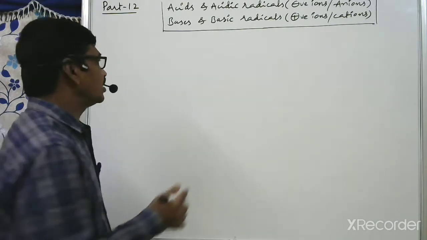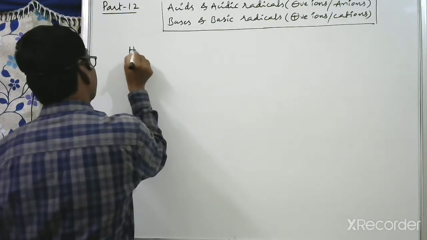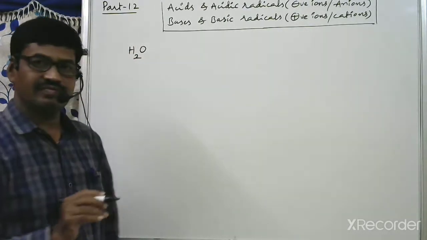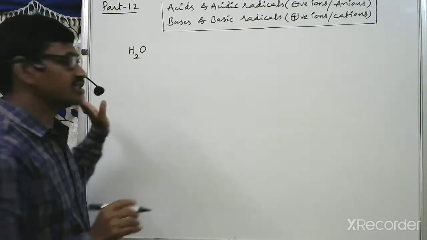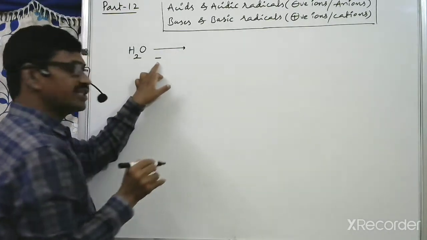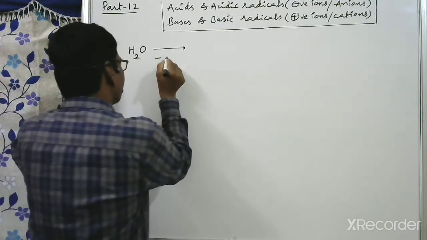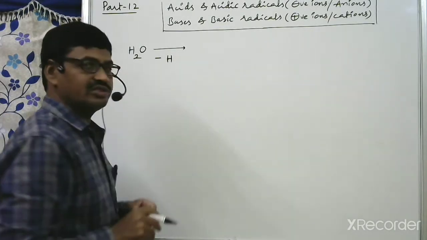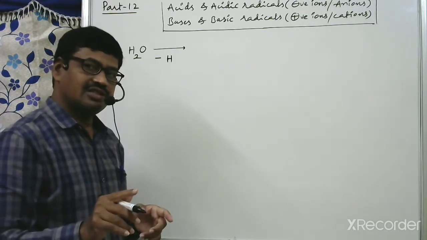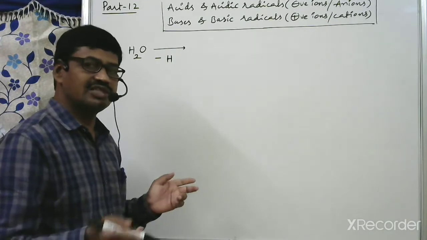See, H2O, the first best example I am giving. H2O is neutral. Above this there is no charge. Here I am writing minus. This minus indicates removal, subtraction. So if you remove one hydrogen, what is the charge of hydrogen? Any acid must contain hydrogen and must produce H plus ion; then only we can say it is an acid.